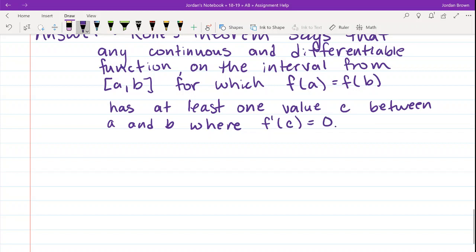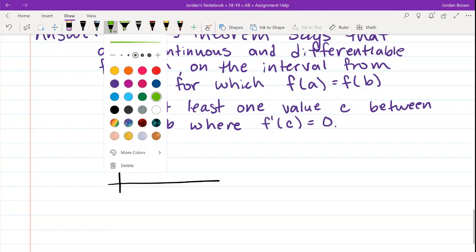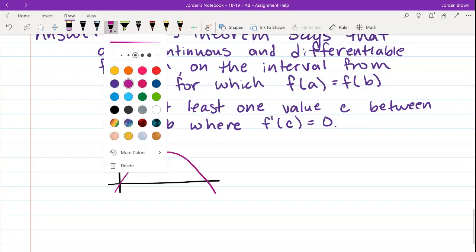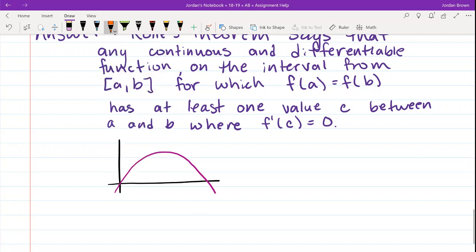And what that is, if you want a visual for it, it's saying if you have some function like this on the interval from a to b, you would agree that this is a continuous and differentiable function because it is, right?